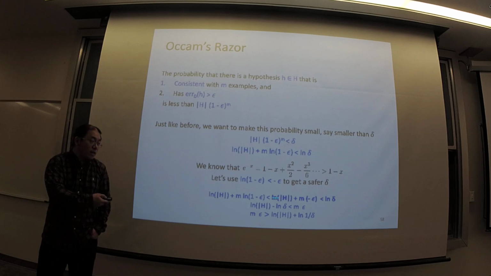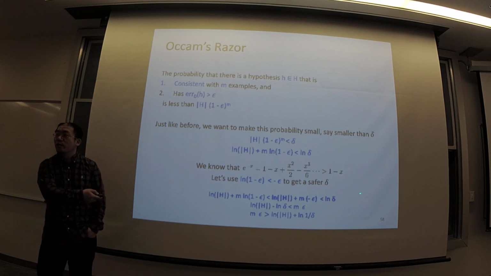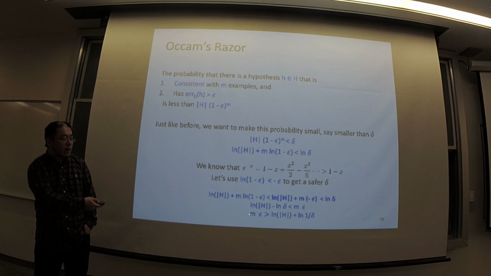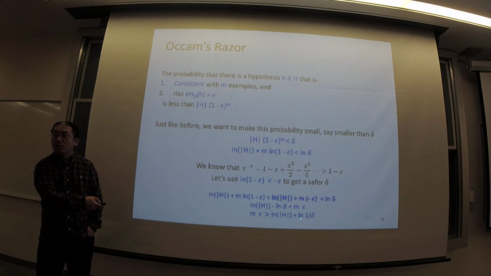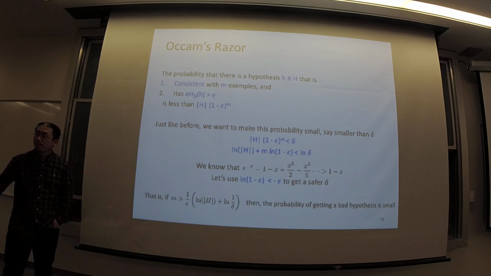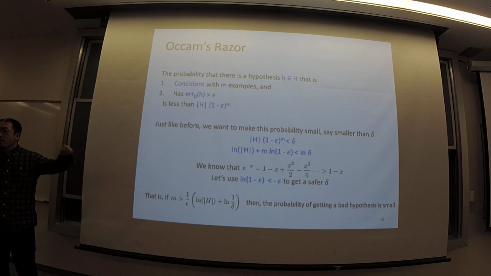And then the remaining thing to solve is pretty straightforward. You can move m times minus epsilon to the right-hand side and move the logarithm of delta to the left-hand side and solve it. You get m epsilon is bigger than this, and dividing both sides by epsilon, you end up with this. So now here's the result we get.